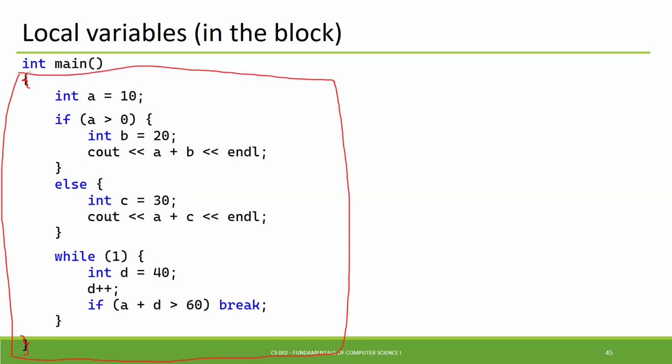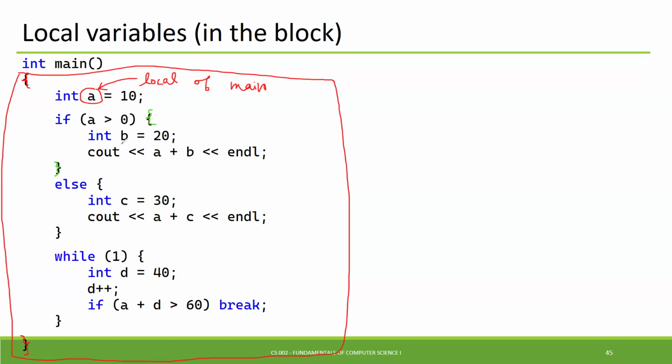And we say that A is a local variable, local to the main, a local variable of the main function. And look at this one, I create here in the if, this is the starting, this is the ending.